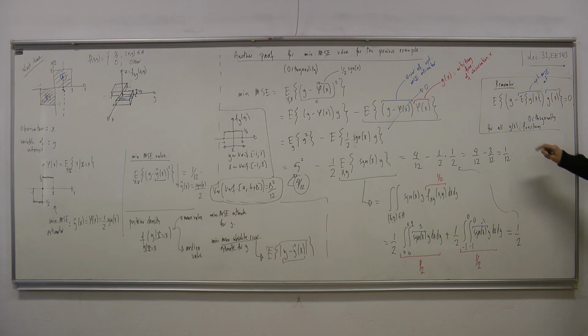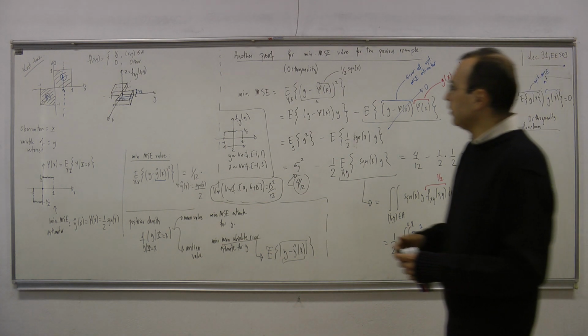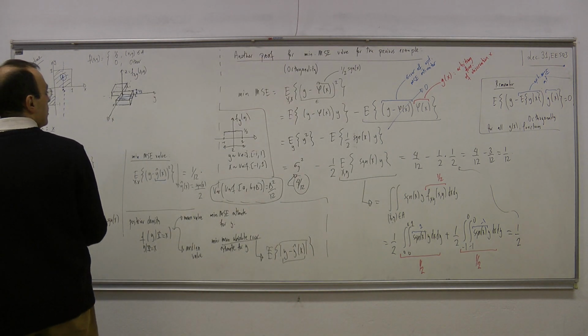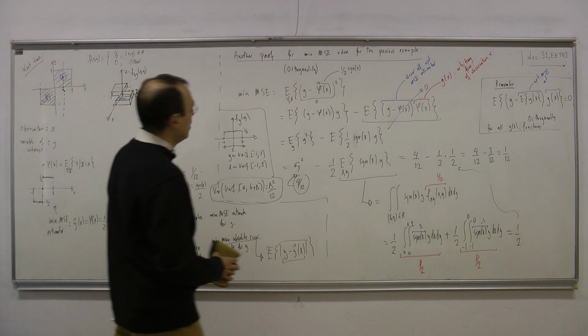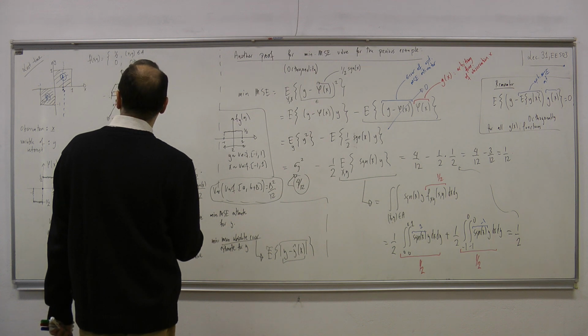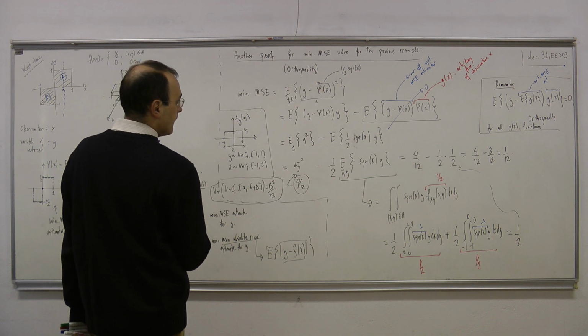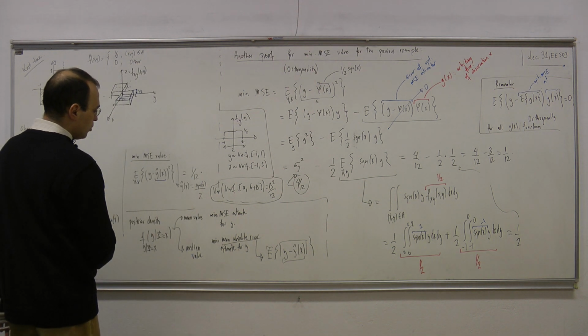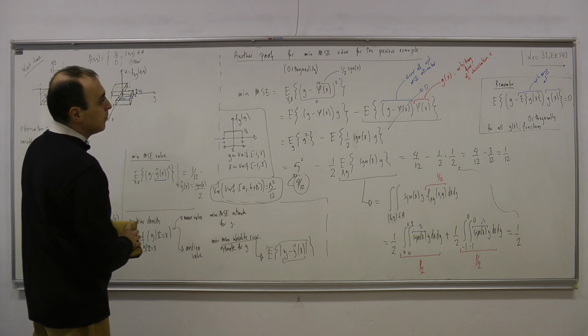Okay. But let me think about that orthogonality a little bit more. So what do I mean by a little bit more? Well, let me erase. Let me keep these drawings. I may need them.